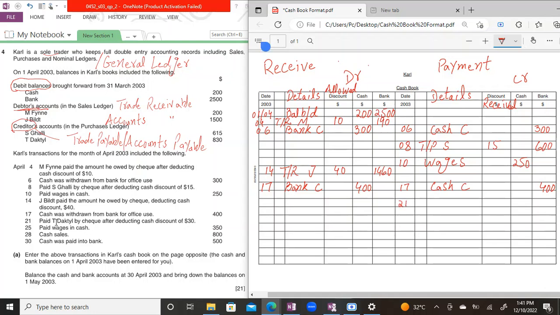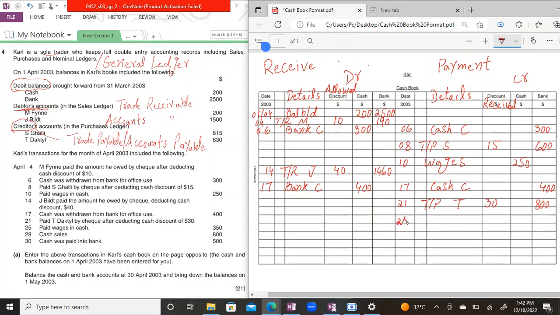So on date 21, paid to T. So you can see here in the list of creditors, T, the business has to pay to him 830, so it's our trade payable. So trade payable, and I'm just writing T here. Discount is $30. This is discount received, and remaining 800 is paid to him.